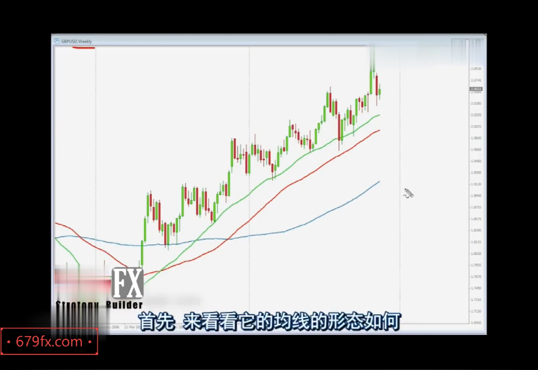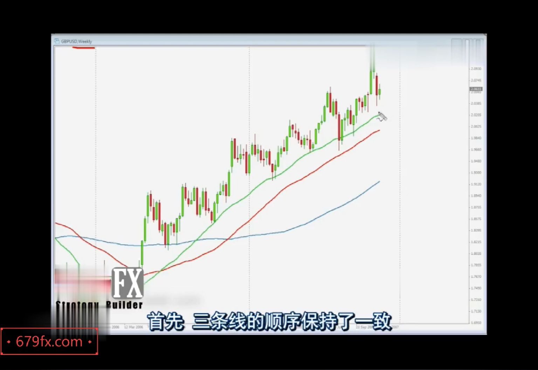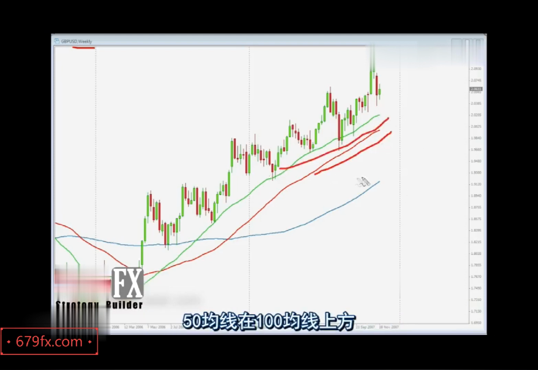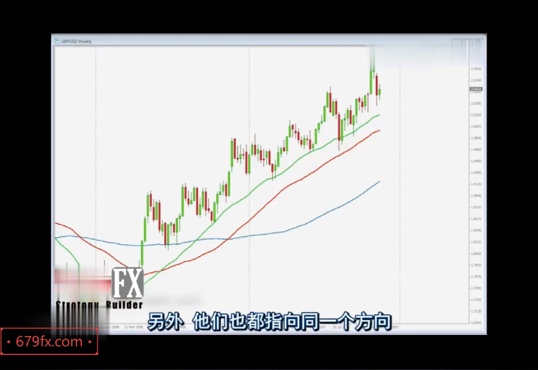First of all, how are these moving averages plotting on my chart? Well, I see they are all in order, aren't they? The 30 is above the 50, and the 50 is above the 100. Good. Moreover, I can see that they are all pointing in the same direction.